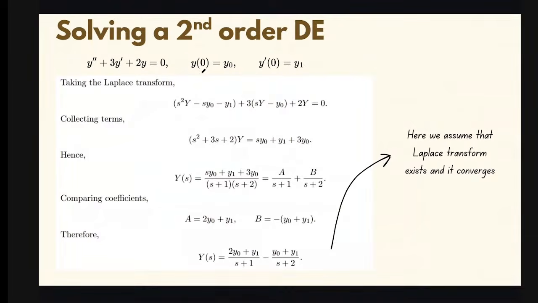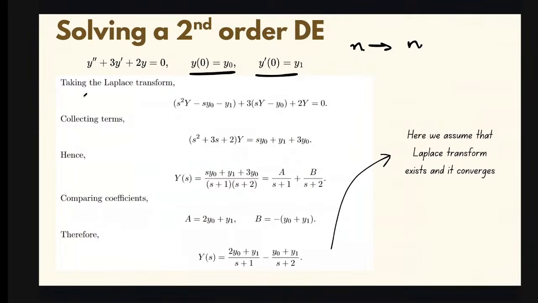And you have initial conditions where y of 0 is equal to y naught, y dash of 0 is equal to y1. Now, why do you need these initial conditions? Well, for an nth order differential equation, you need n initial conditions. So for a second order differential equation, you need 2 initial conditions.